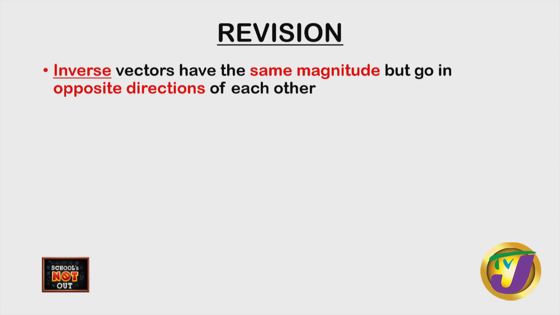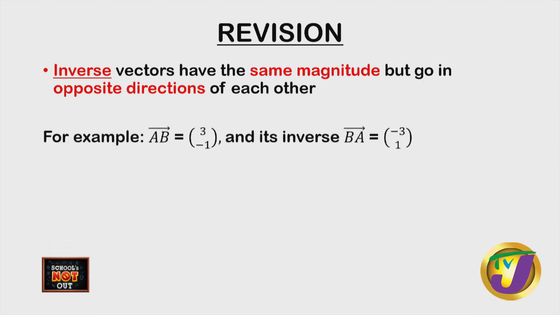Inverse vectors, we discussed last class. They have the same magnitude, Latoya, but they go in opposite directions of each other. For example, if I have vector AB, which is 3, -1, and its inverse vector BA, -3, 1, we're seeing that they are the inverse of each other.